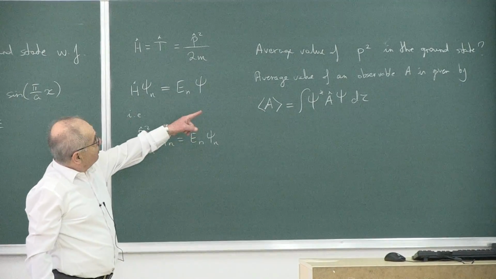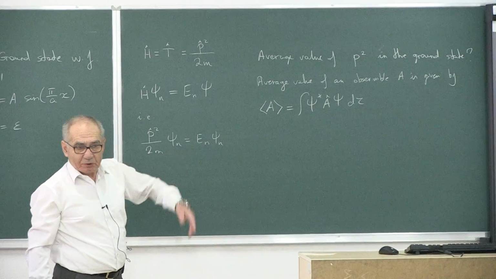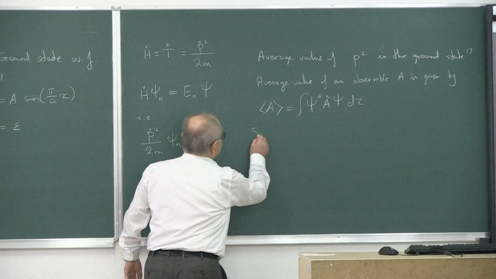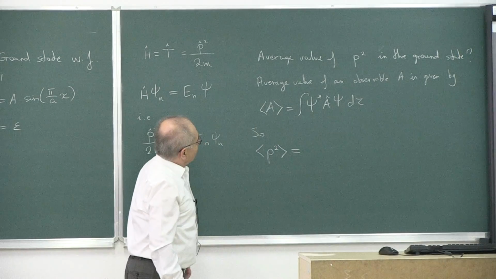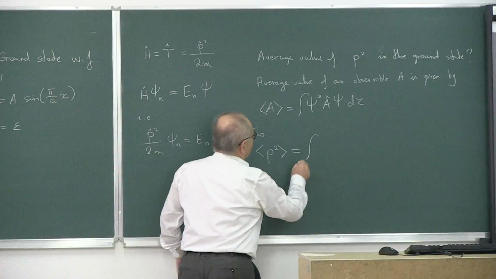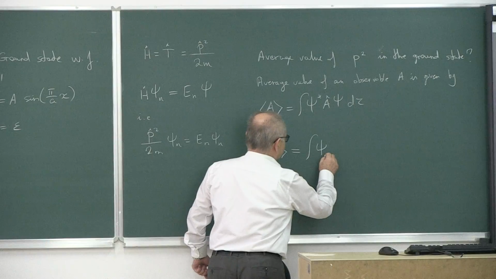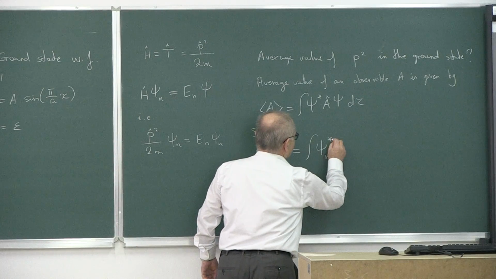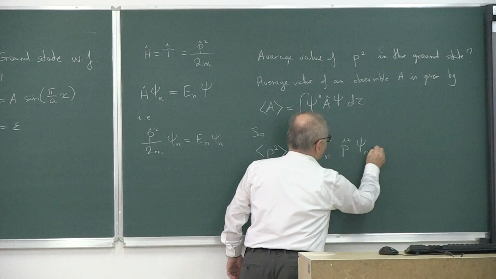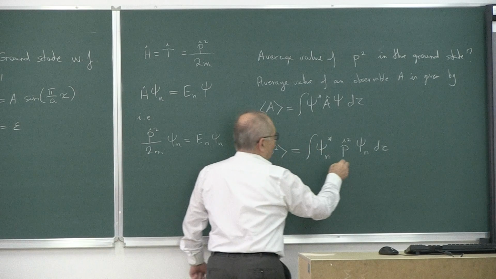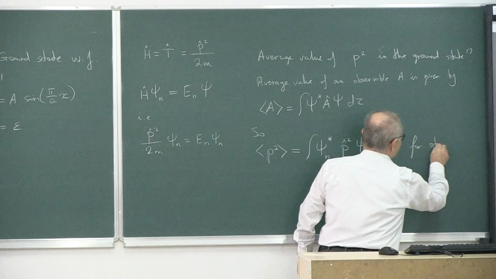Here, the observable is the square of the magnitude of linear momentum. So the average value of p square is, this is for state n.